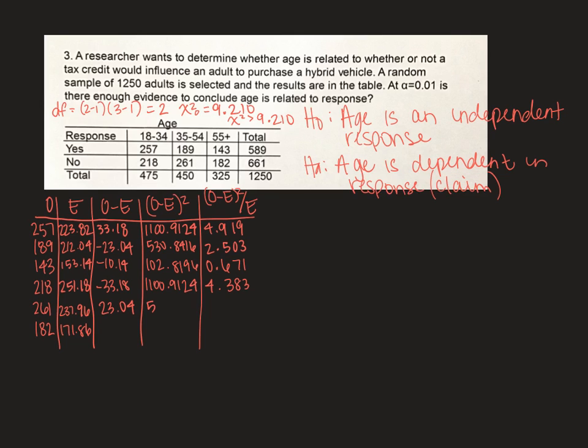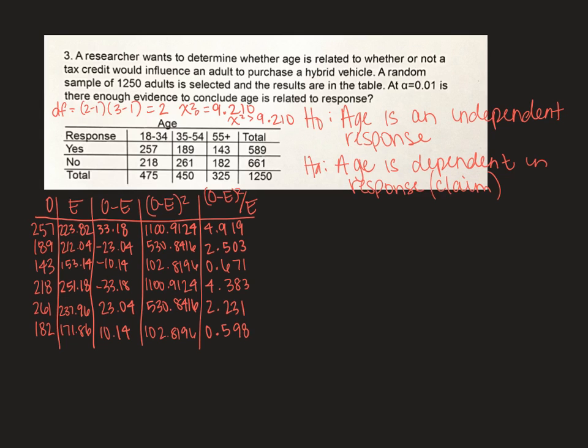Squared is 530.8416. Divided by 237.96 is 2.231. And 182 minus 171.86 is 10.14. Squared is 102.8196. Divided by 171.86 is 0.598.